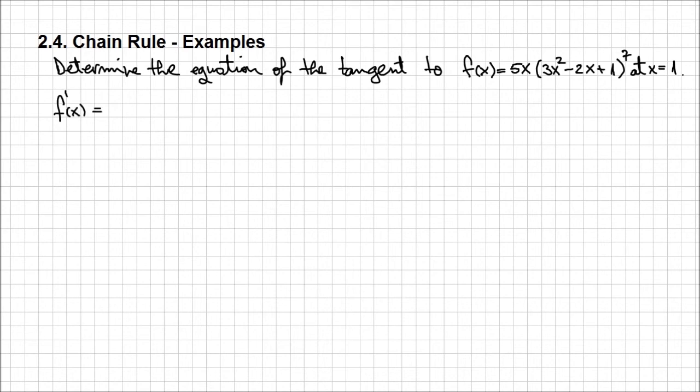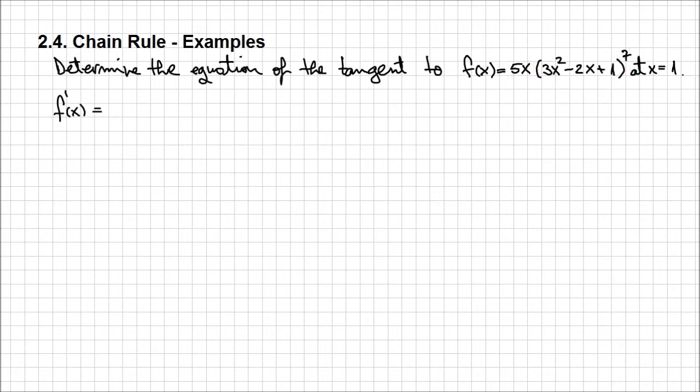If we look at this expression, the first and most important step is to identify what exactly we have in order to know what rule should be applied. I can see 5x as an expression multiplied by this other expression to the power 7. So we're first going to approach it as a product. We're going to apply the product rule and continue differentiating using the appropriate rules as required.